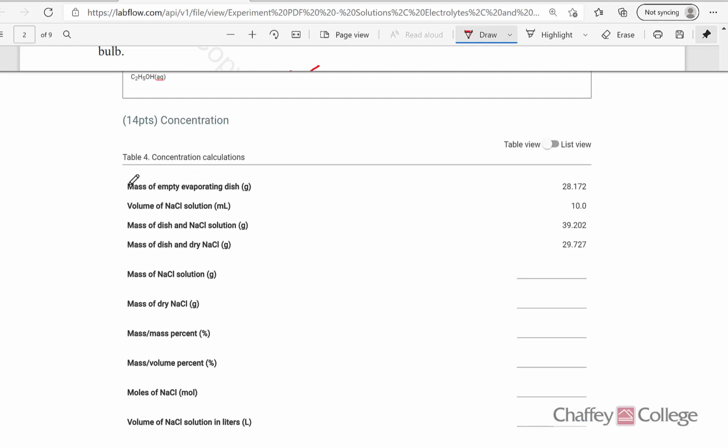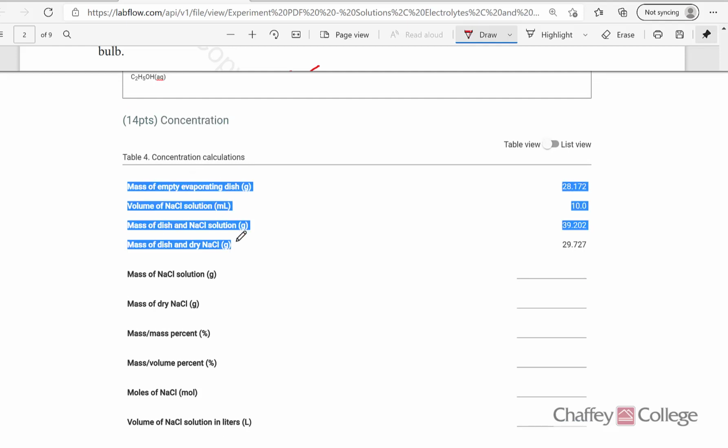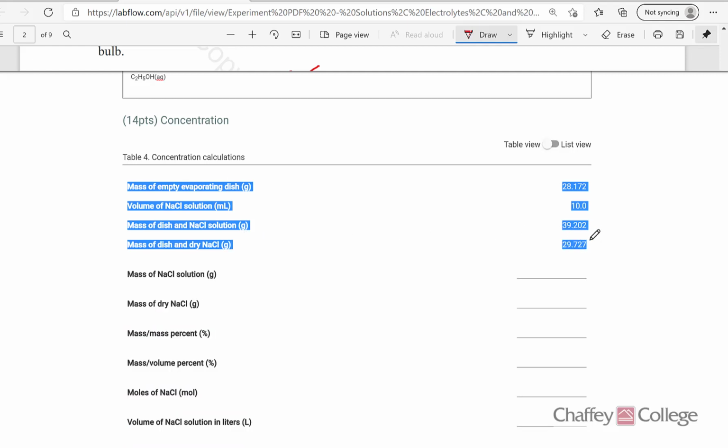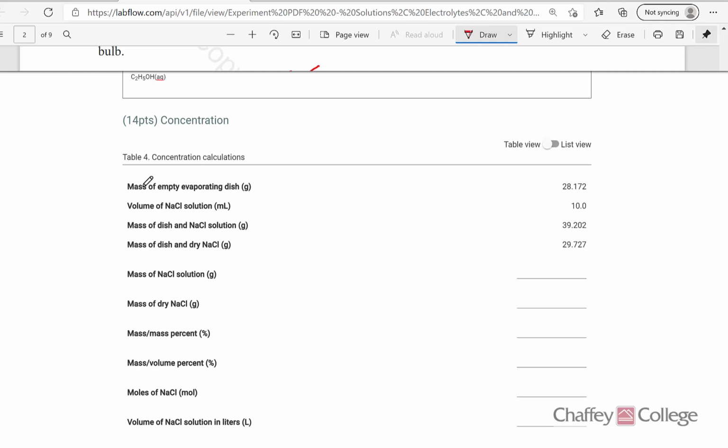The data of various masses and volumes of our solute and solutions are given here. For example, the mass of the empty evaporating dish is given, the volume of NaCl solution is given, the mass of dish and NaCl solution is given, and then the mass of dish and dry NaCl is given.